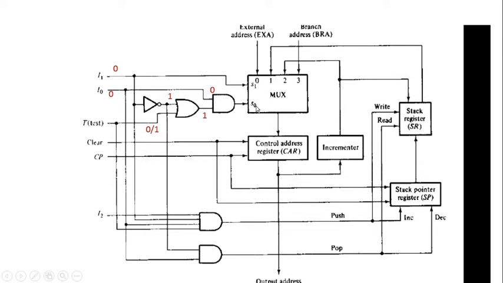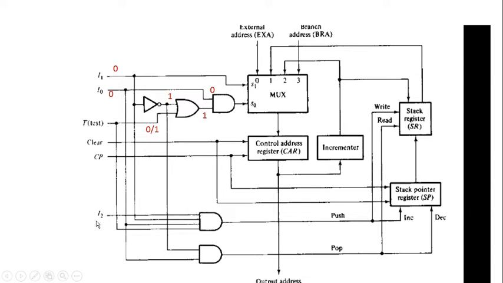And I2, I1, I0 and the test input: all four input values are ANDed together, and the output of this AND operation decides whether to perform the push operation on the stack register.